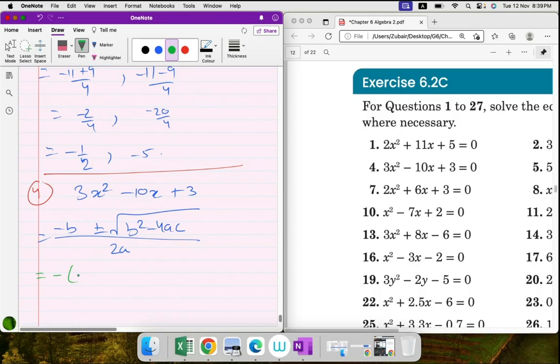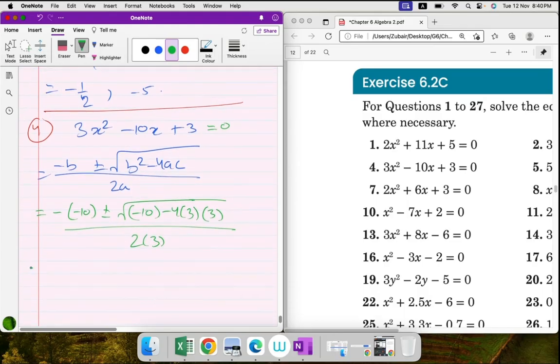Minus 10. And Aris, what is the value of a? 3. And c? 3 also. Very good. Over 2a.